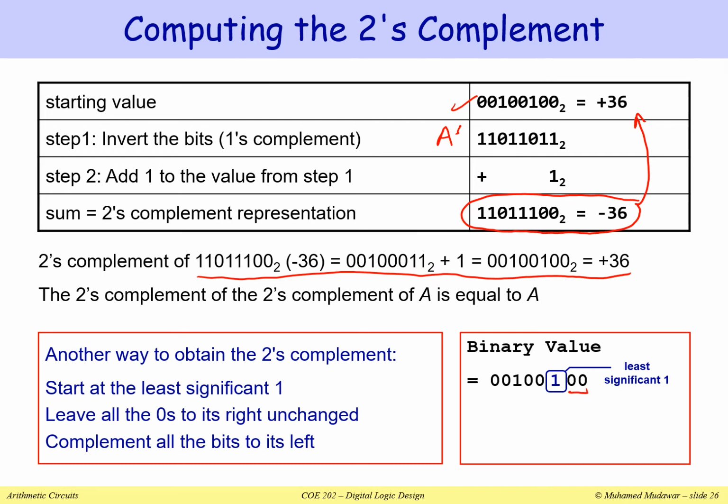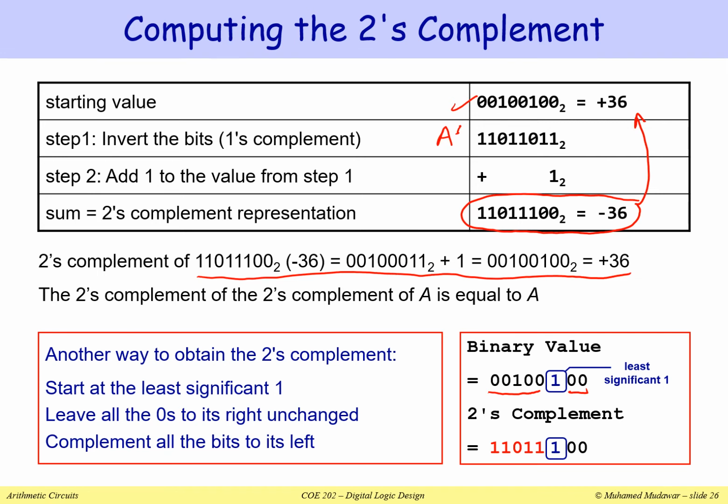So these zeros are skipped here, and then you look for the least significant 1 bit. And what you do is you simply complement all the bits that appear to the left of the least significant one. So you keep the zeros and the 1 untouched, and then you complement all the bits that appear to the left of the least significant one.